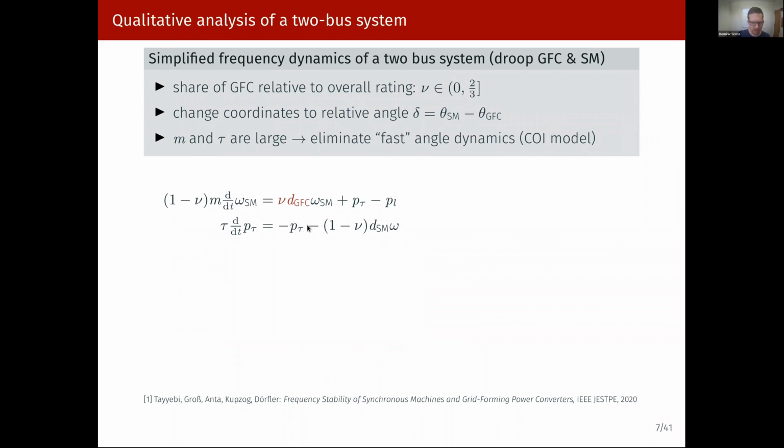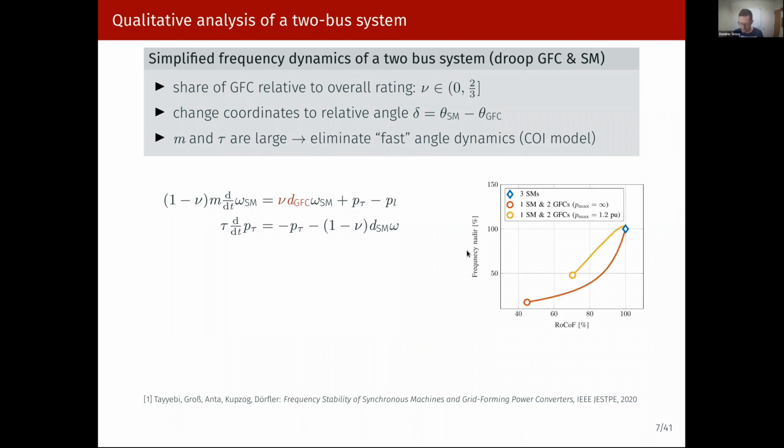And if you actually use that very simple model that I just showed you here to predict how the rate of change of frequency and the frequency nadir will change as you transition from the 3 synchronous machine IEEE 9 system that I showed you to one that has 2 power converters, you get that the rate of change of frequency will drop to around 40% of what it was before, the frequency nadir roughly the same.